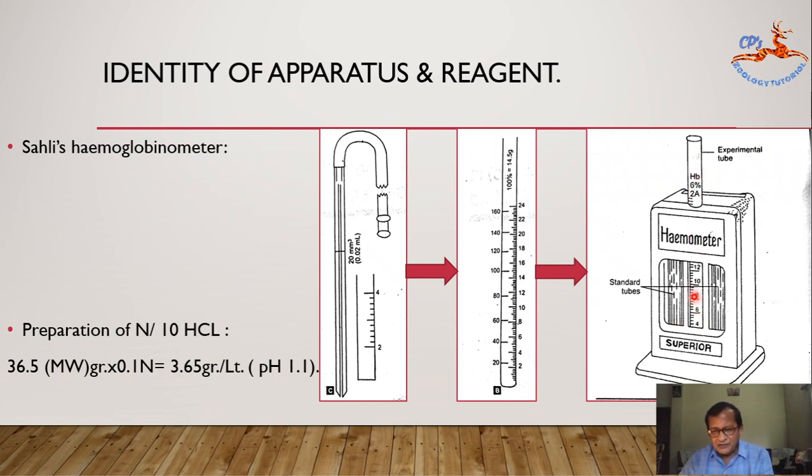The comparator box is for color matching, and when the brown color is matched with the predetermined standard color, then the value is taken out or recorded from these two graduations.